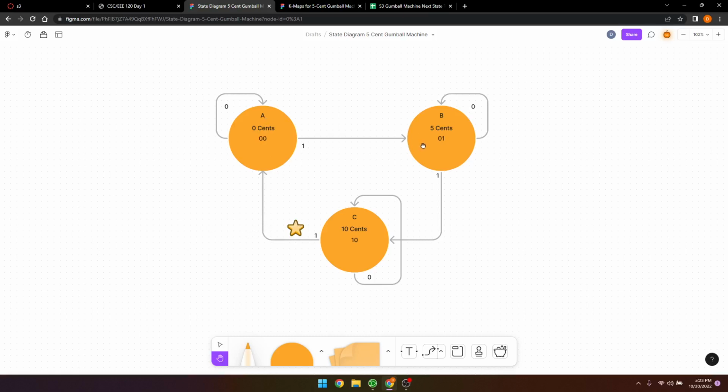No, it's just going to go back to 5 cents. And if they do nothing, it would go to 0 cents. So it's doing the exact same thing that A is already doing. So we could have a 4th state, but it would just be completely redundant and it would serve 0 purpose. And so we actually only need 3 states, which ultimately makes the circuit more simple.